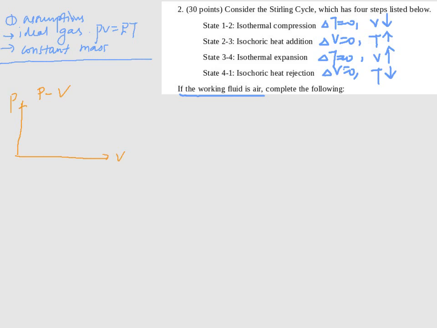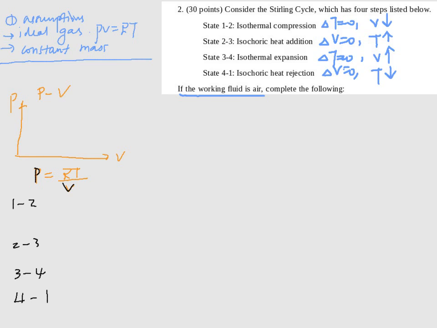Since we're looking at the relationship between the pressure and volume, we can rearrange the ideal gas law equation into P equals RT divided by V. Here, we can tell that P and V are inversely proportional if RT are constant. Okay, let's start with the different states: 1 to 2, 2 to 3, 3 to 4, and 4 to 1.